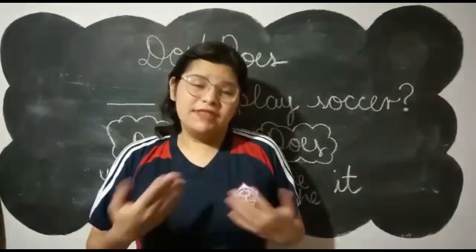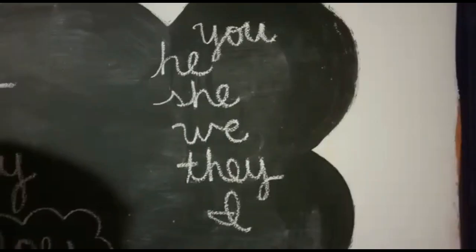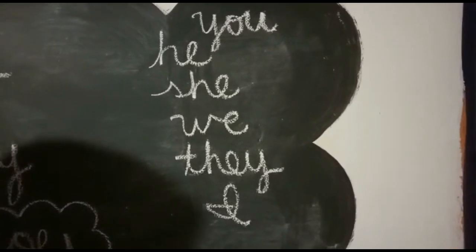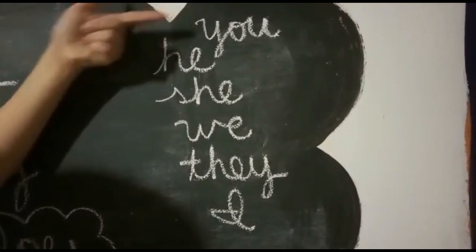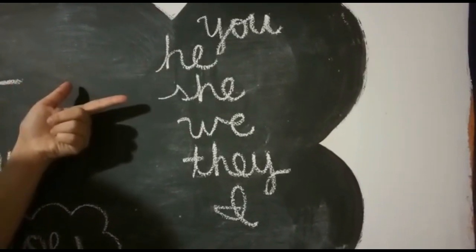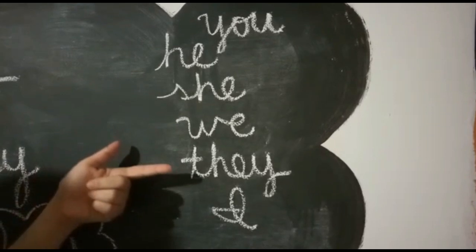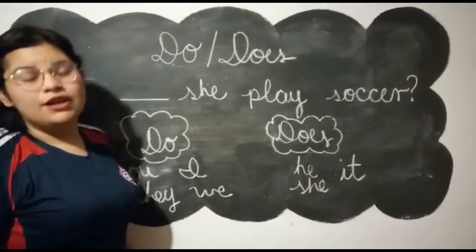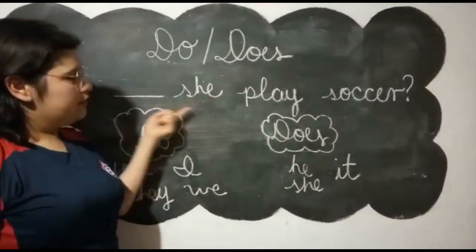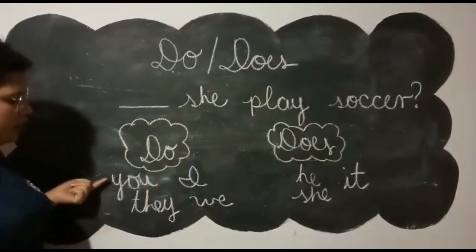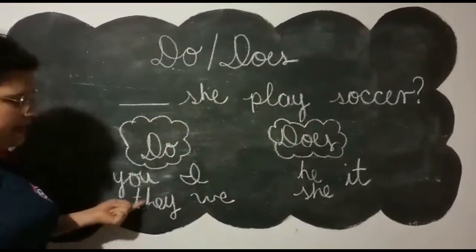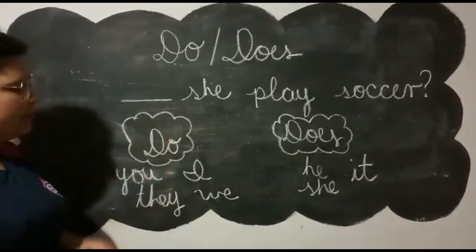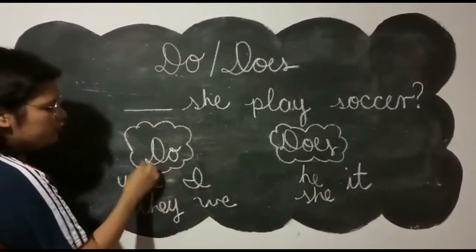Remember, we can have different subjects. For example, subjects that we can use in a question: you, he, she, we, they, and I. When in our question we have you, they, I, or we, start with do.